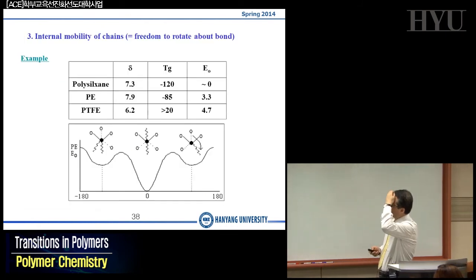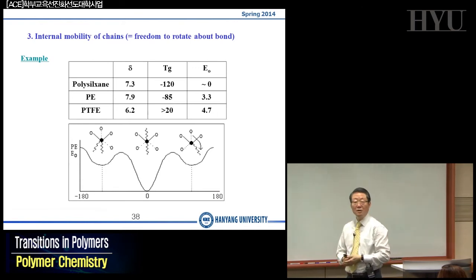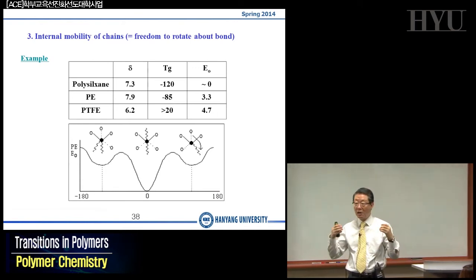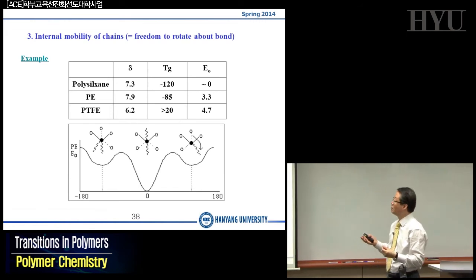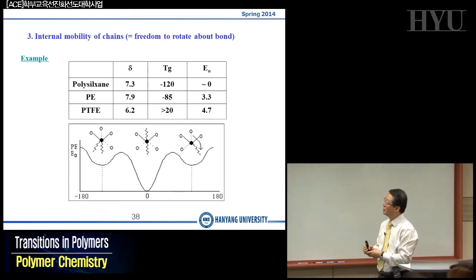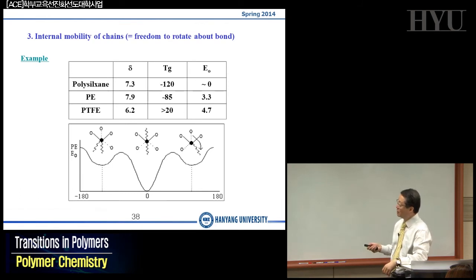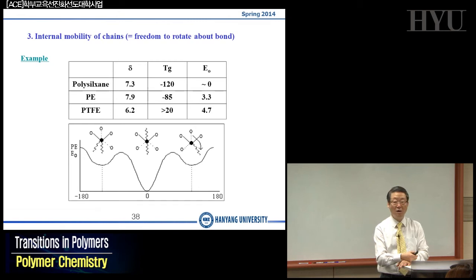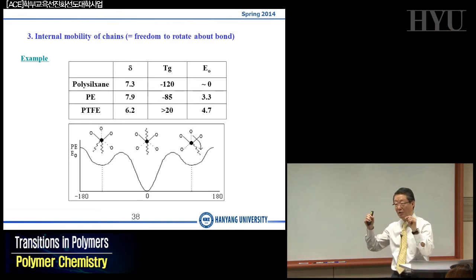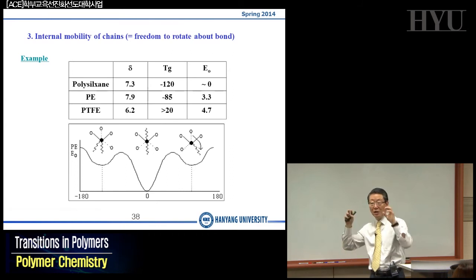What about mobility? If you have high mobility, then you expect the glass transition temperature to be lower. If you look at polyethylene as an example, versus PTFE, polytetrafluoroethylene, you replace hydrogen with fluorine groups. Now fluorine is much larger than hydrogen.